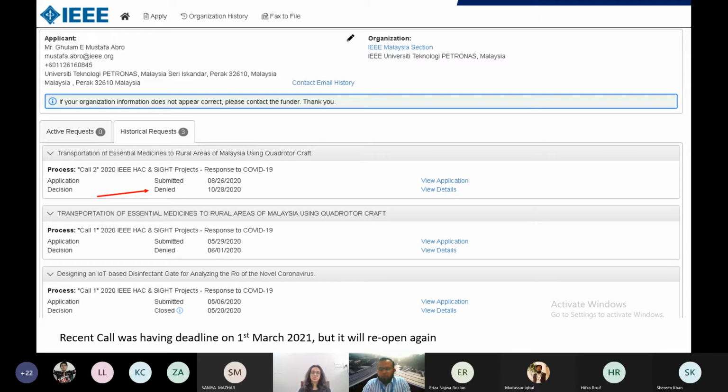Let's suppose somewhere you have written something that they haven't understood. So they will write you an email, okay, Ghulam, what do you mean by that? Okay, Ghulam, you just explain your flow chart. Okay, Ghulam, you explain this thing. So after several interactions or communications through email, they will accept or reject.